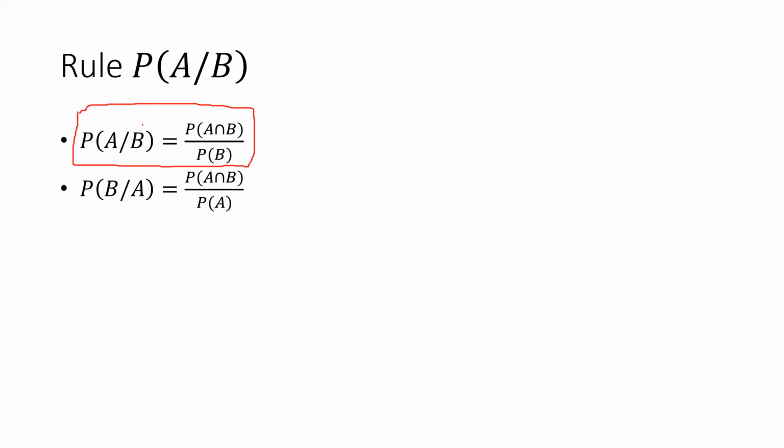If not, we have the rule: probability of A given B equals probability of the intersection B over probability of B. We took also probability of A bar equals 1 minus probability of A. We took probability of A equals probability of A intersection B plus probability of A intersection B bar.